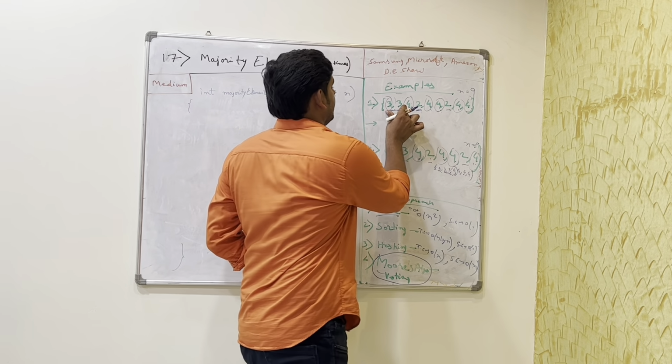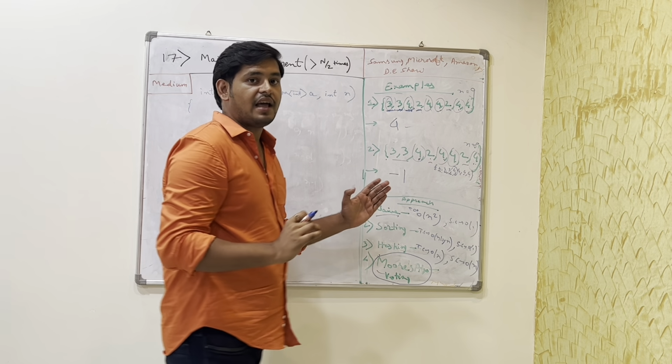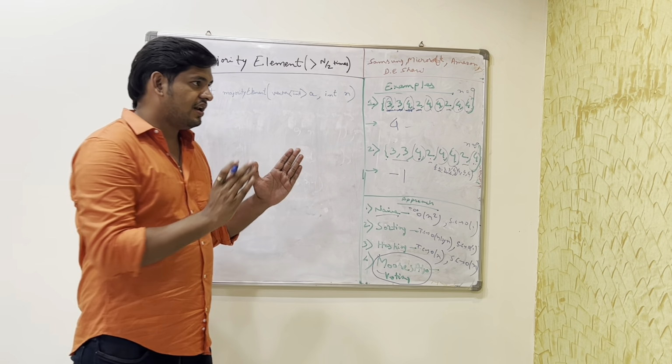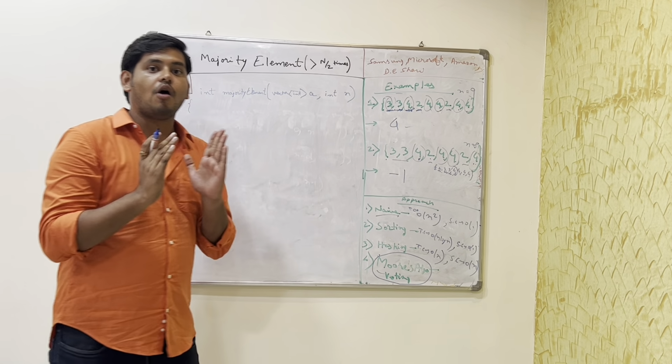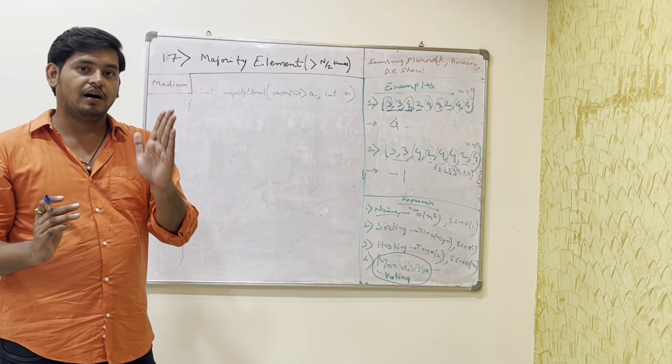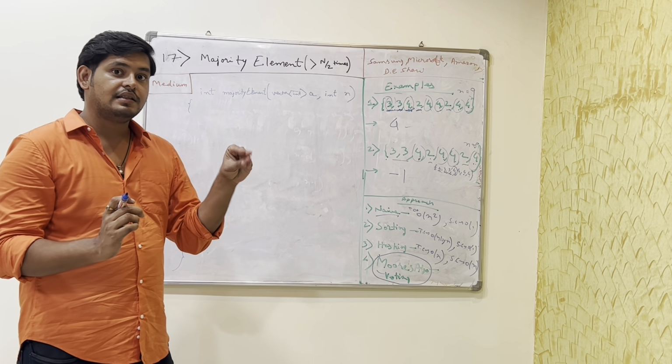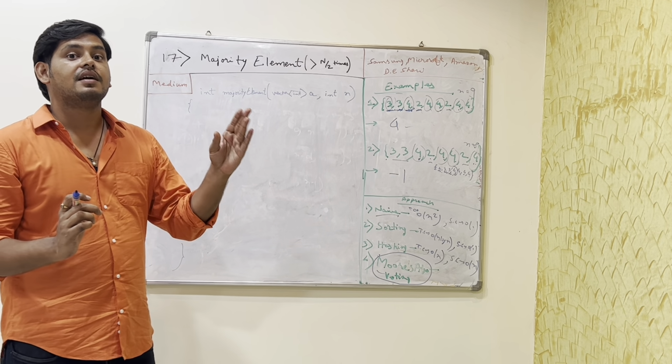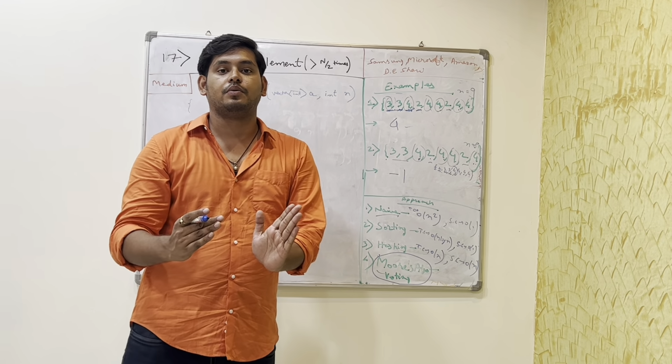Assume 3 is the majority element. At every point, we need to ensure that the count of 3 is the number of times it is greater than n by 2.